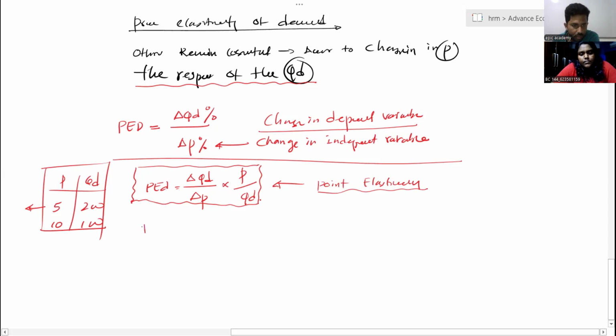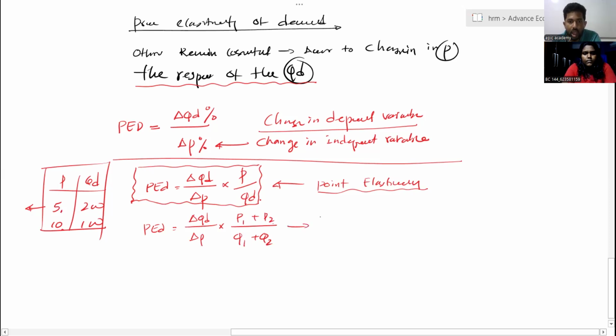For example, PED equals delta QD over delta P multiplied by (P1 plus P2) over (Q1 plus Q2). P1 means the first point, price equal to 5. P2 means 10 rupees. Q1 means 200, Q2 means 100.